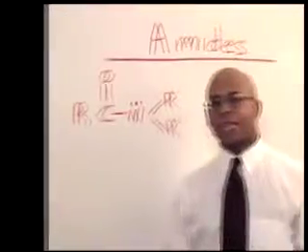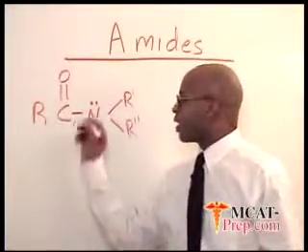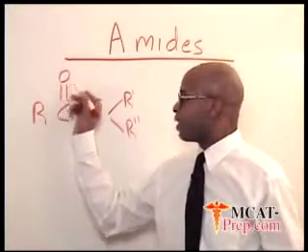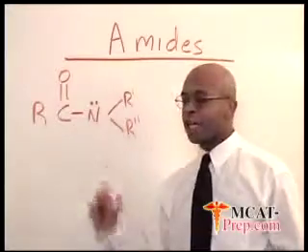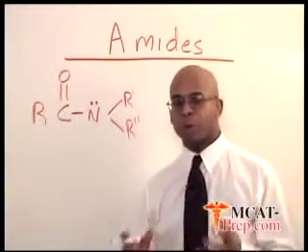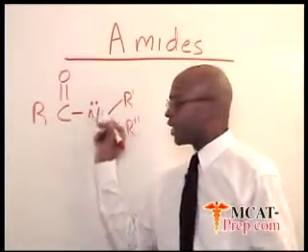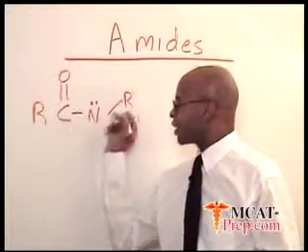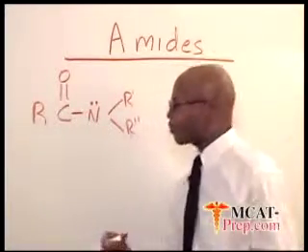We are now going to look at amides. The functional group for an amide is the carbon double bonded to the oxygen, with the carbon also bonded to the nitrogen. There are a couple of features which are very important to remember about amides. To begin with, the nitrogen, as we know, when the nitrogen has 3 bonds, it has a lone pair of electrons.